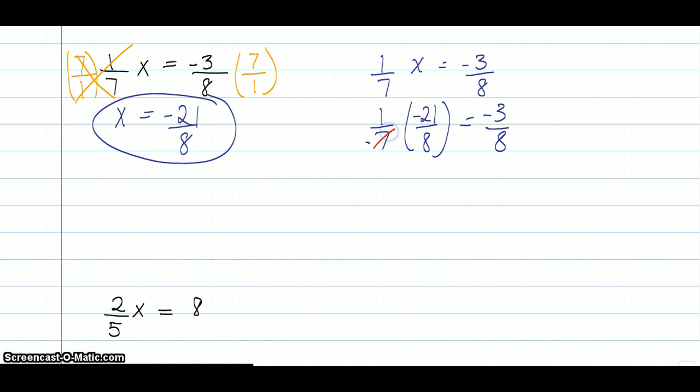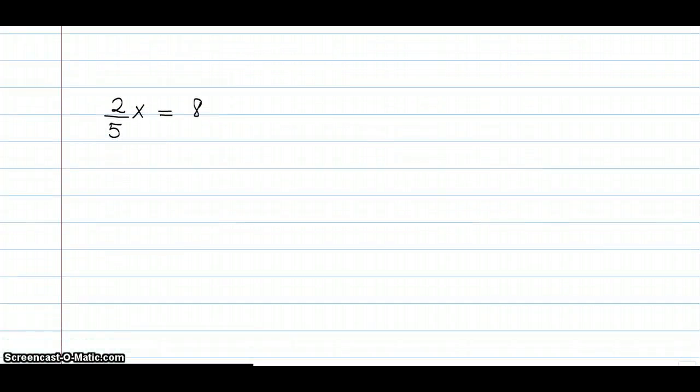Well, 7 will go into 7 one time. 7 will go into negative 21, so we're going to have a negative 3. 1 times negative 3 gives me negative 3. 1 times 8 gives me 8. So I do get negative 3/8 is equal to negative 3/8. We didn't make a mistake.